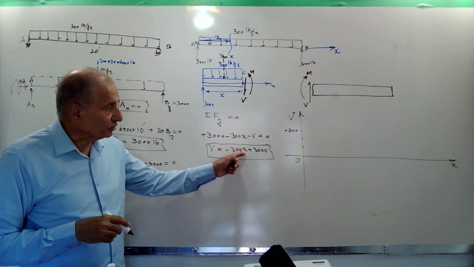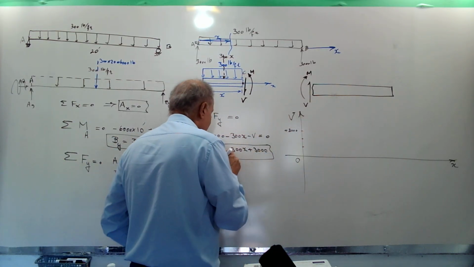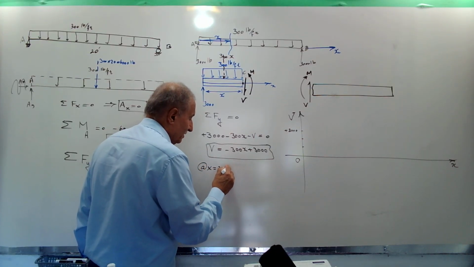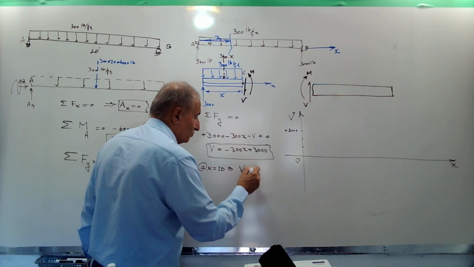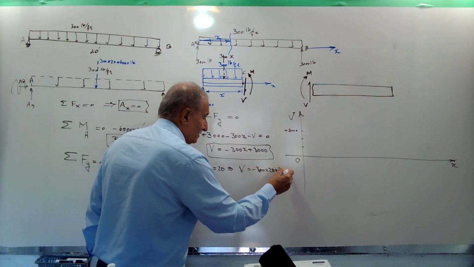And at x equal to 20, V is equal to minus 300 times 20 plus 3000.